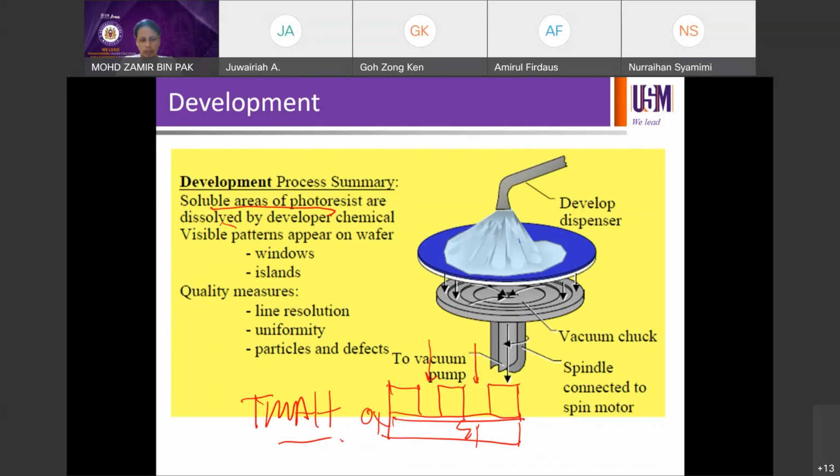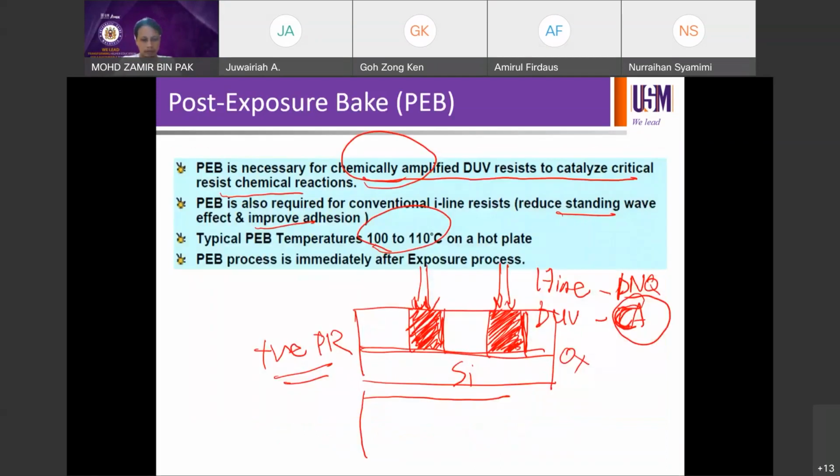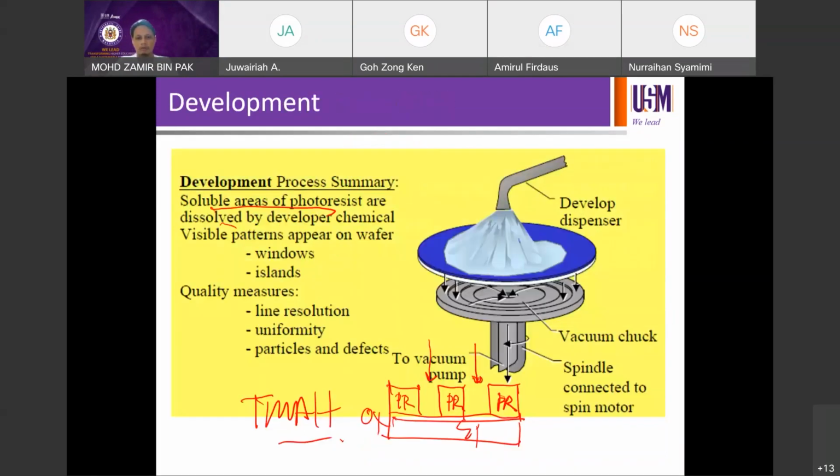Just now we exposed, and then it becomes soluble, and then this is the photoresist that remains. If you go back to the previous slide, the shaded regions are now gone because they are now soluble in the developer stage. So this is where you physically produce the patterns.